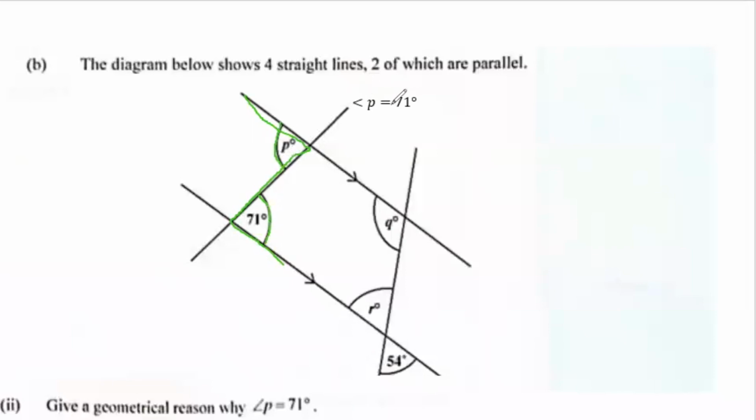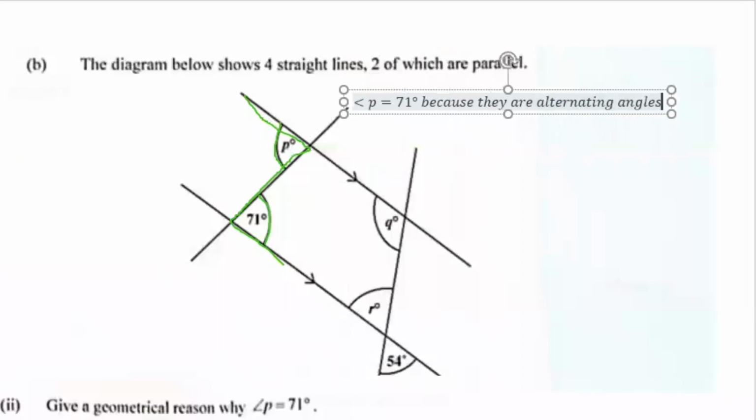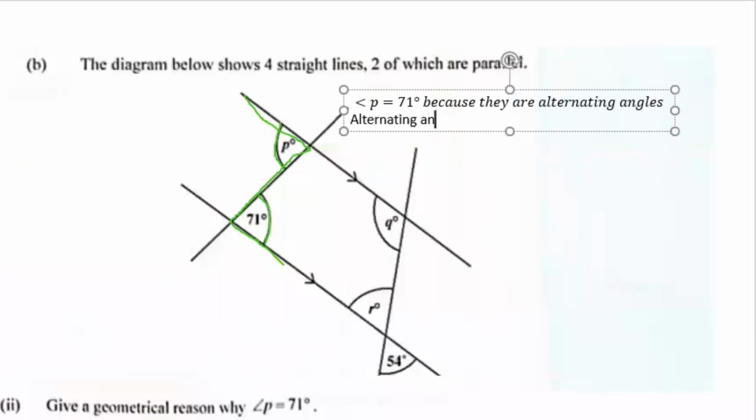So we can say angle P is equal to 71 degrees because they are alternating angles, and alternating angles are equal. So that is our geometrical reason as to why angle P is equal to 71 degrees.